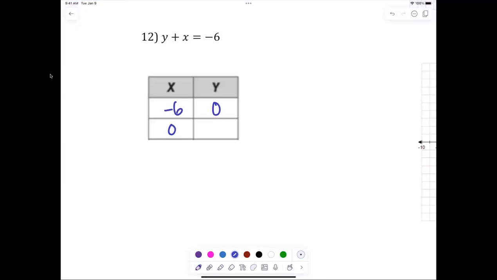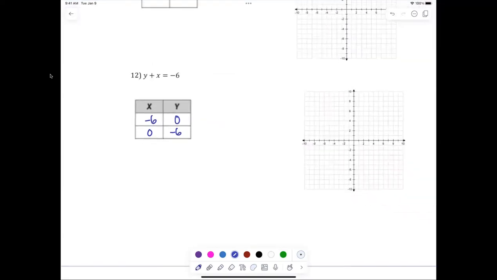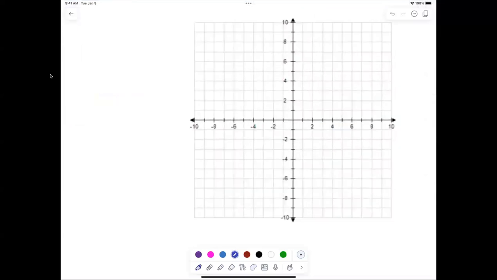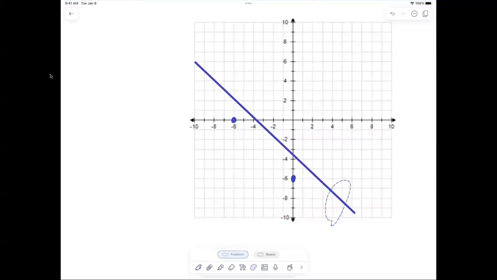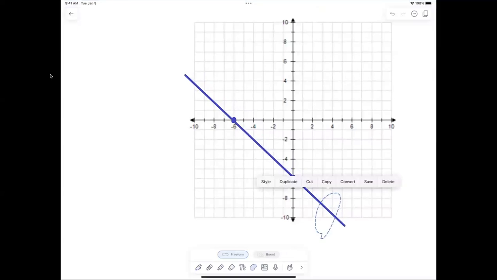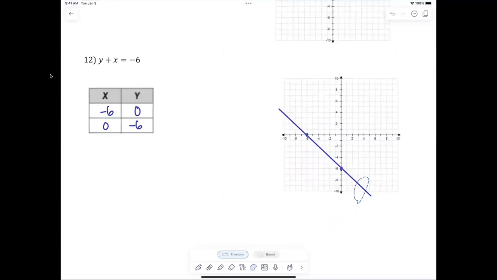That's it. So now we graph -6, 0 and 0, -6. And here we go. Anybody have any issues with that?